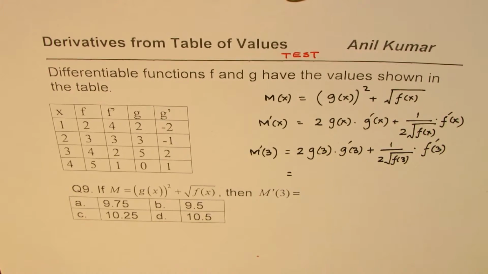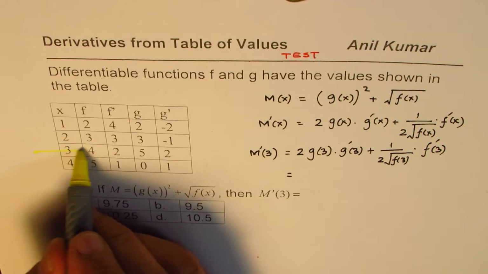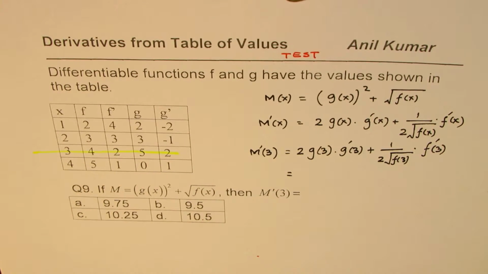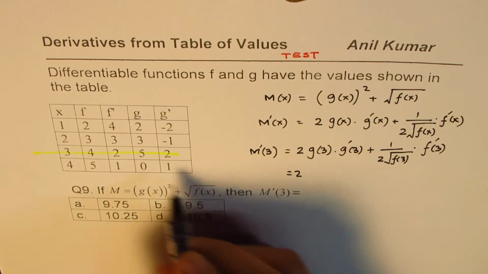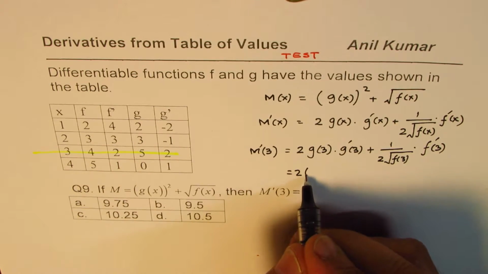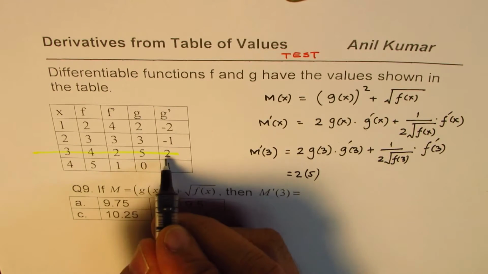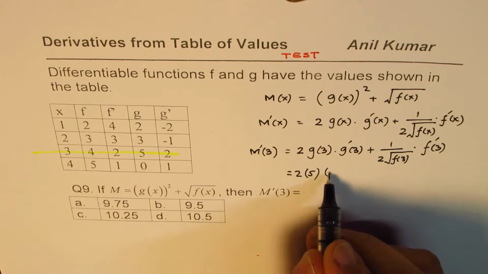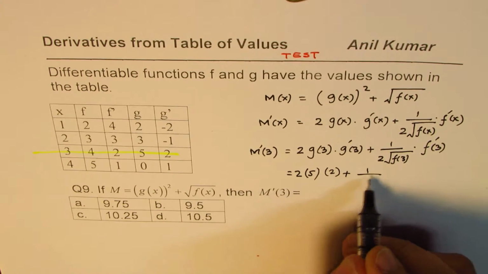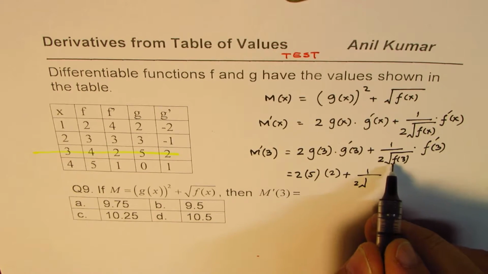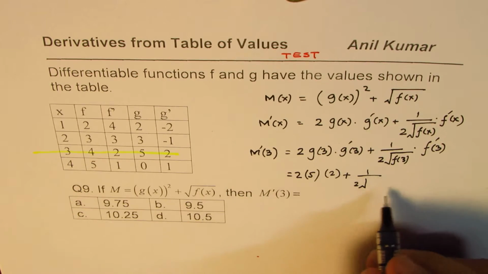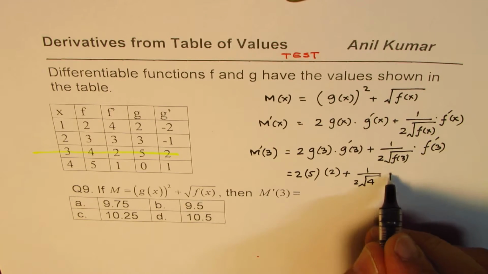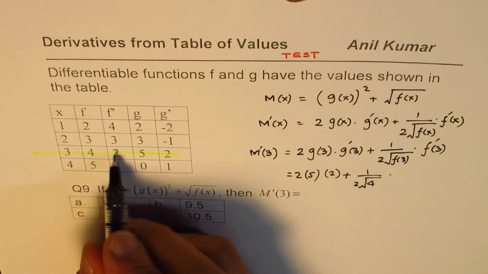So we are looking at x equals to 3 in all these cases. So we are interested in this particular line. So 2 times g of 3 is 5, g dash of 3 is 2, right? Plus 1 over 2 square root of f of 3. f of 3 is 4. f prime of 3 is 2.